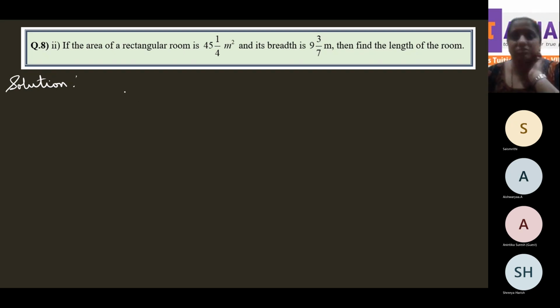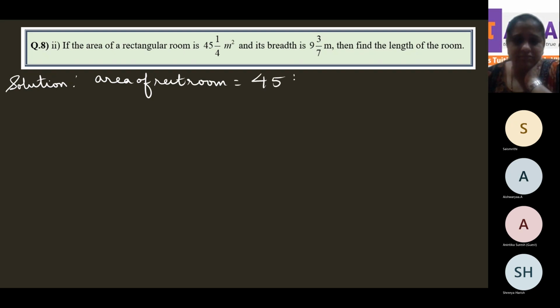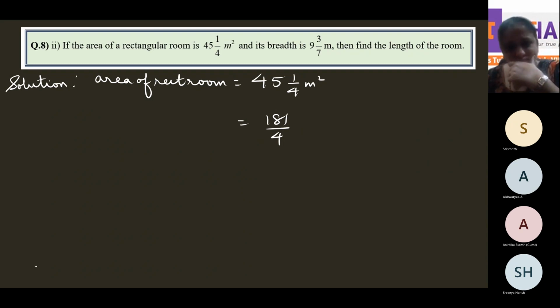Area of the rectangular room, 45 1 upon 4 meters square, is equal to... If we convert it, it is 181 by 4. Breadth is 9 3 upon 7, and length we'll keep as x. Area of a rectangle is always length into breadth. So 9 3 upon 7 into x is equal to 45 1 upon 4 meters square.